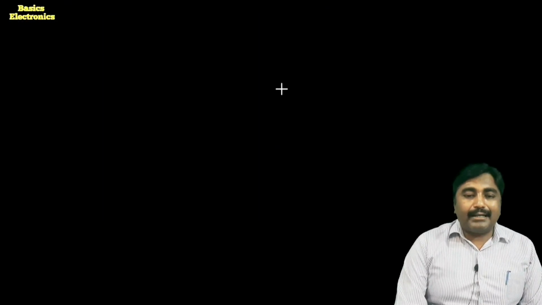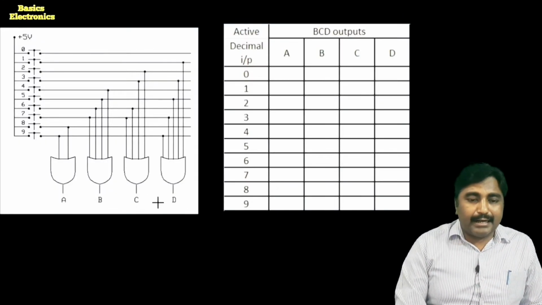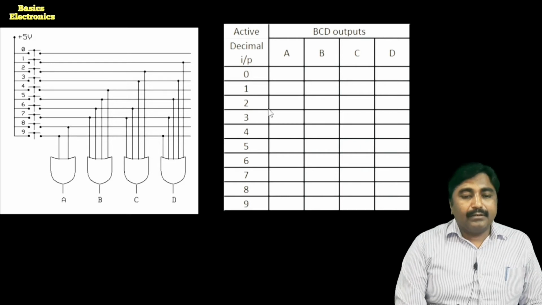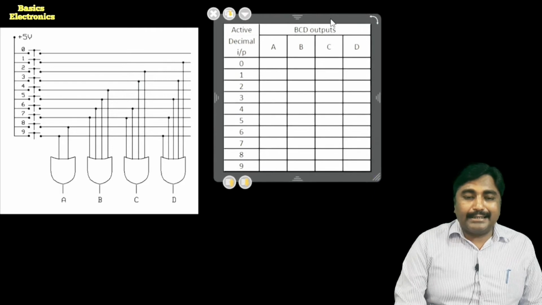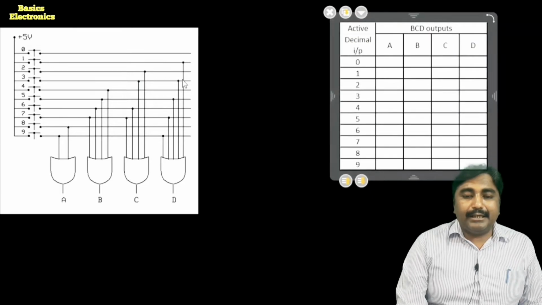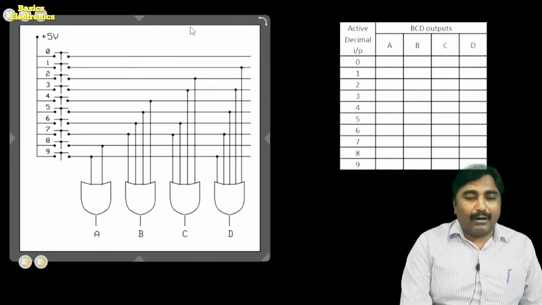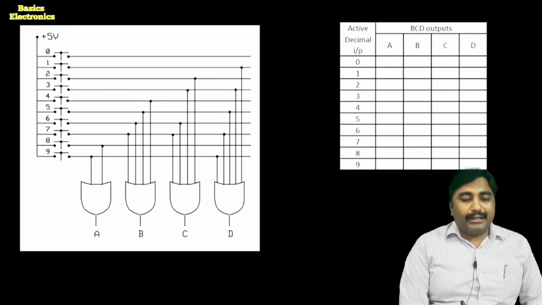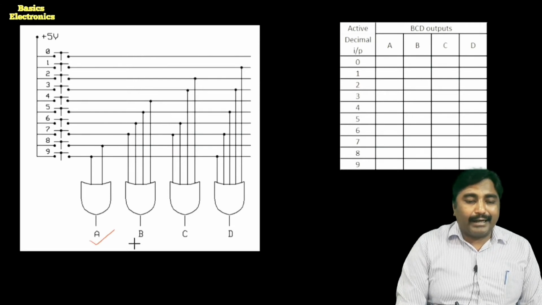For that, we first see the logical diagram, then we see how we make the connections. Here is the logical diagram of the decimal to BCD encoder, constructed by using the OR gate. Here we have 4 OR gates.